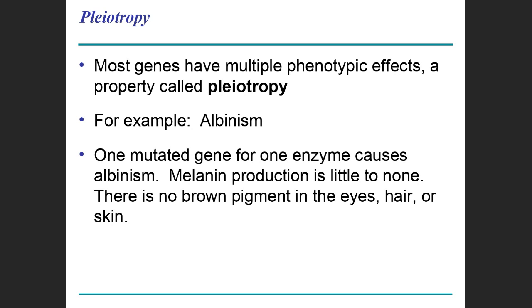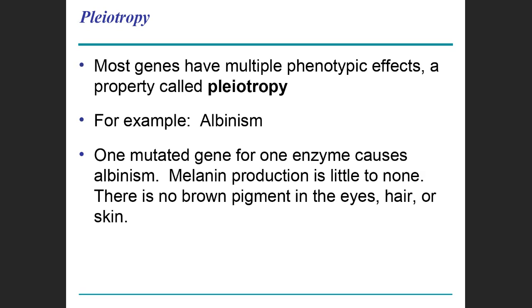An example is albinism. I know you've all heard of albinos. So albinism involves one mutated gene for one enzyme, and it's because of melanin production. Melanin is the brown pigment. Everyone except albinos produces some melanin.